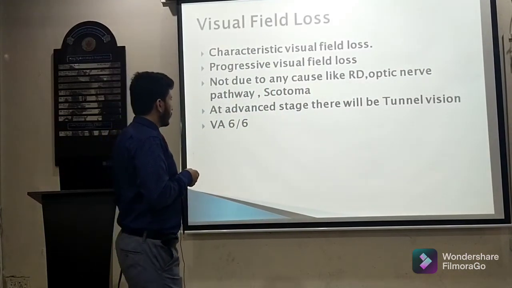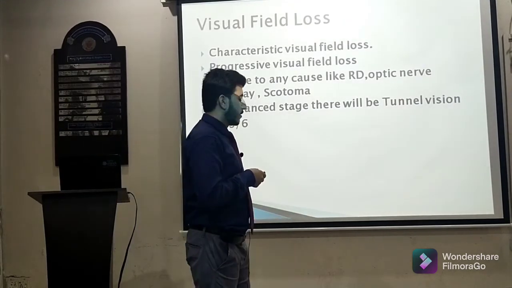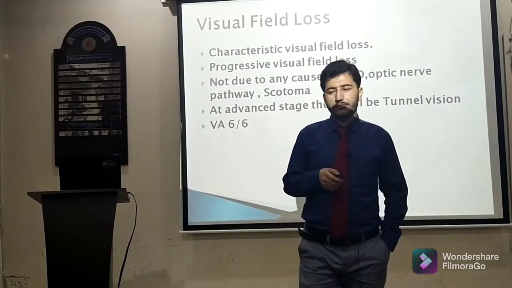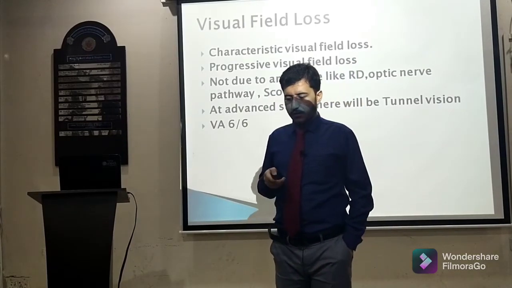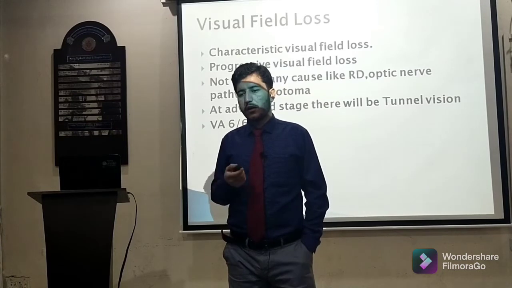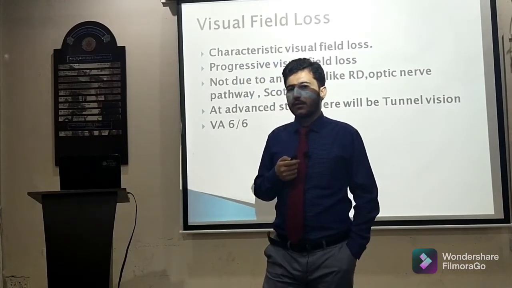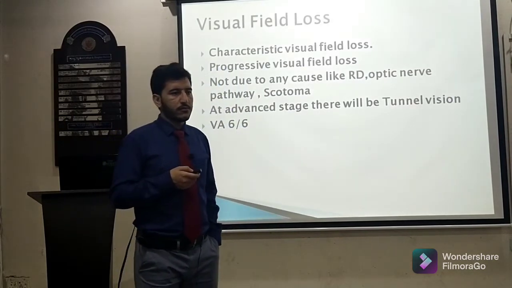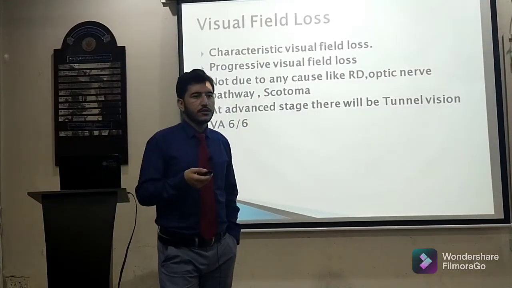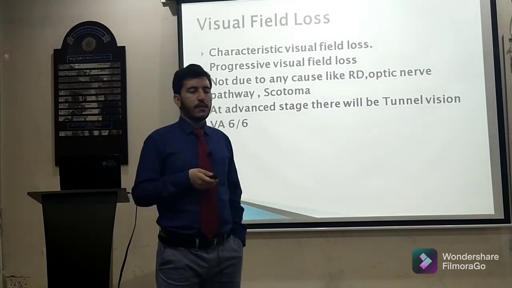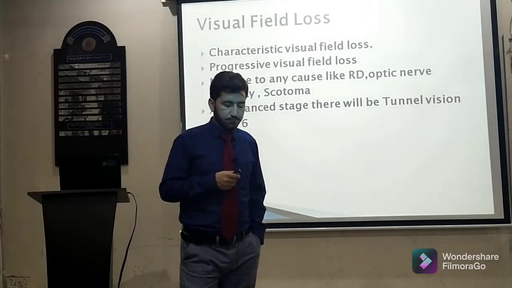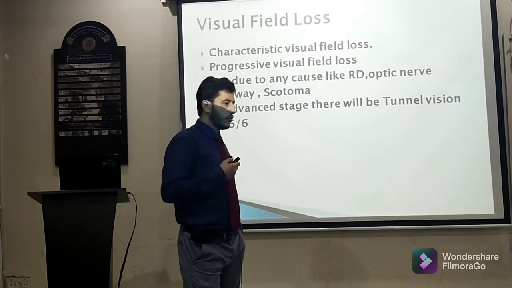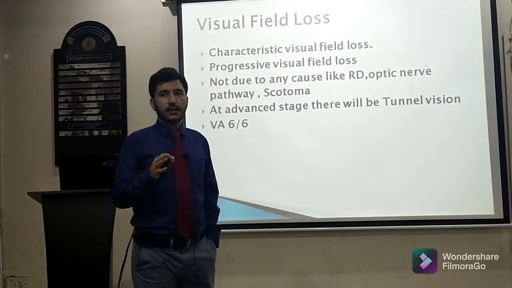At an advanced stage, there will be tunnel vision. For example, a person with moderate to advanced disease can have a visual acuity of 6/6 even if his CD ratio is 0.8, because with the tunnel vision in glaucoma, his central vision is intact.